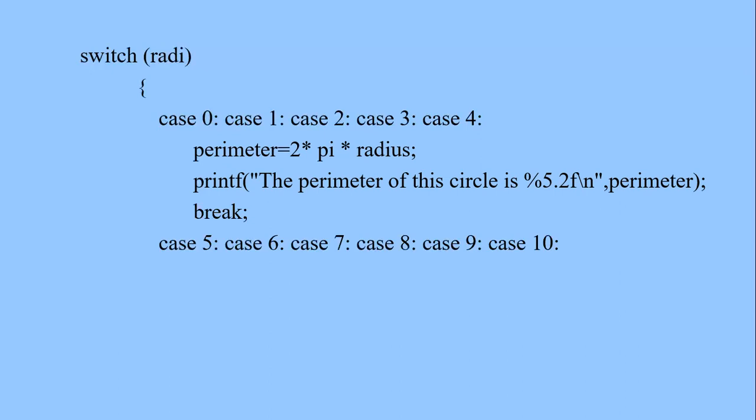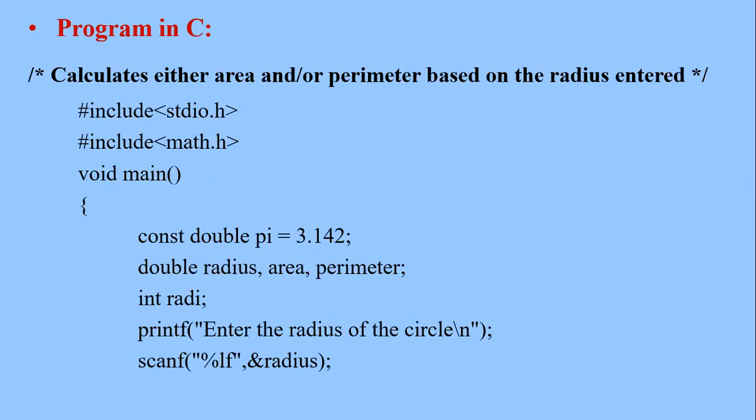Otherwise, if the content in memory location called radii evaluates to 5, 6, 7, 8, 9, or 10, meaning case 5, case 6, case 7, case 8, case 9, or case 10, if any of those cases are correct, if the value that we have generated from this expression for rounding is, for example, 8, if after you have entered a radius, and that radius after rounding generated 8, and that 8 is stored in memory location called radii, then under switch we have switch 8.